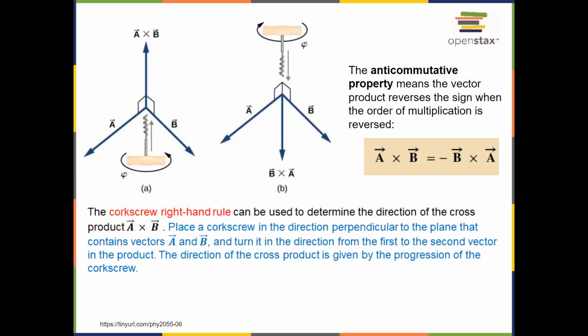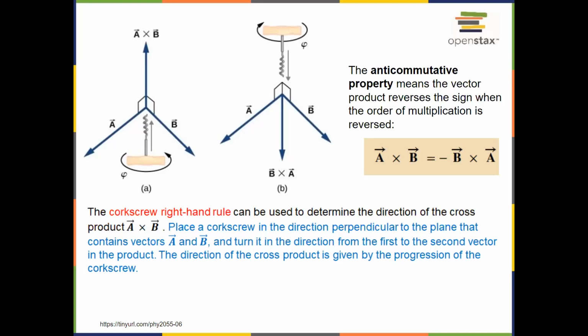That is determined by the corkscrew right-hand rule. If you have a corkscrew, you can turn it this way. If you do A cross B, you are turning from A towards B. Then the progression of the corkscrew will be the direction of the resultant vector.